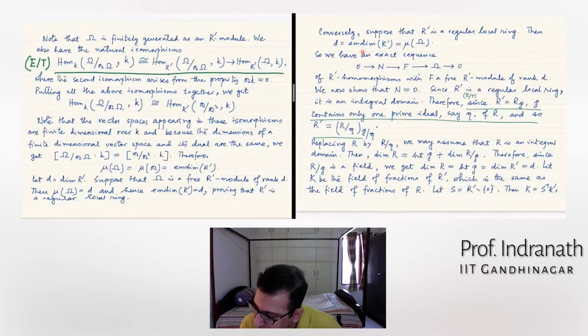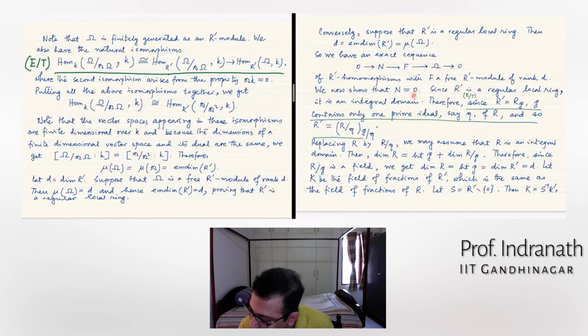So you write this exact sequence of R dash homomorphisms where F is a free R dash module of rank D, because you know the finitely generated condition is always there. So you define the map with a possible kernel N. You want to show it's free, so you want to show N is 0.